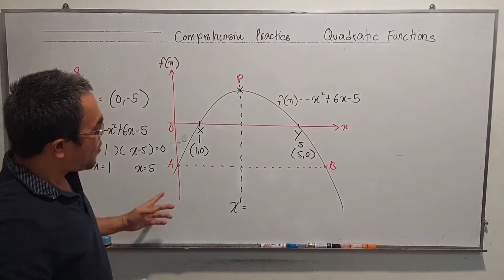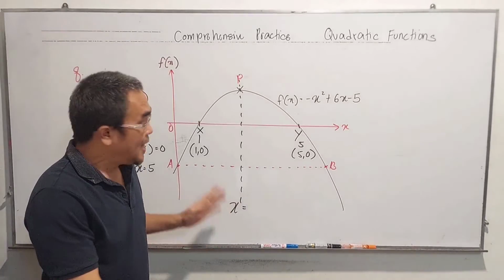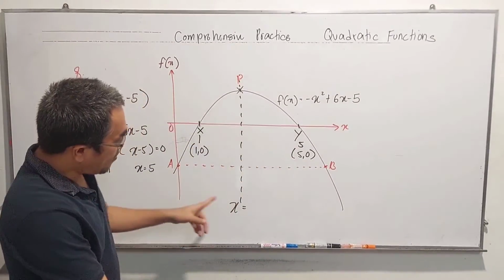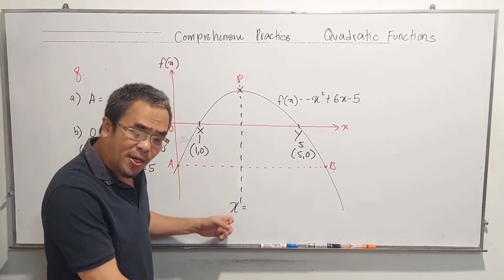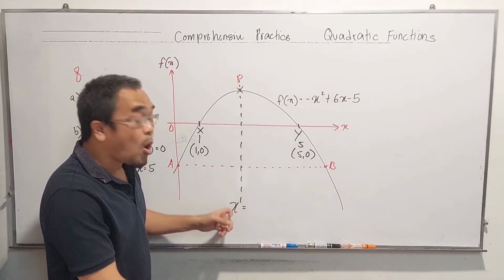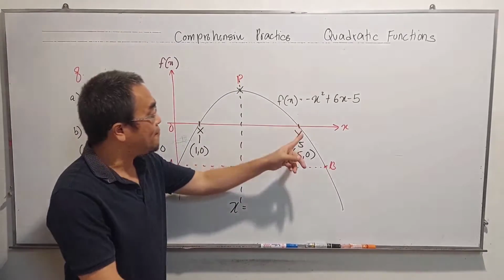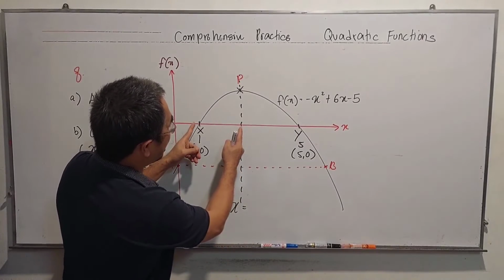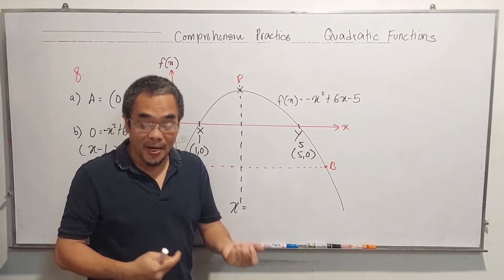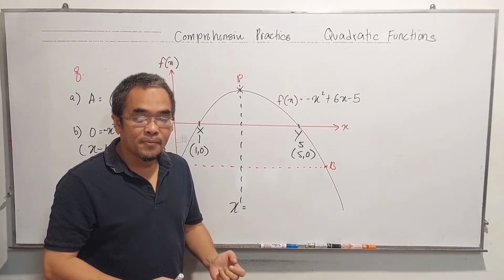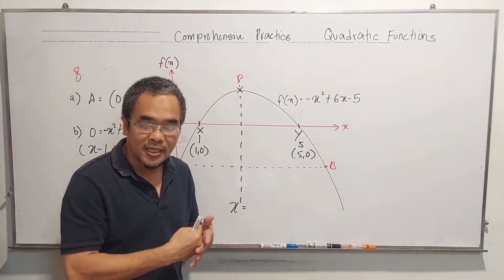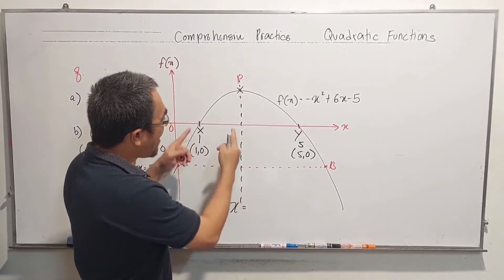For your info, to answer the question, B is not related to the coordinate, but is related to the root. So in order to find the value of X here, it is always in the middle of the graph. Maybe this doesn't look symmetrical because of my drawing. But if you draw according to scale and put all the coordinates like what you learned in Form 2, you will find the middle here.